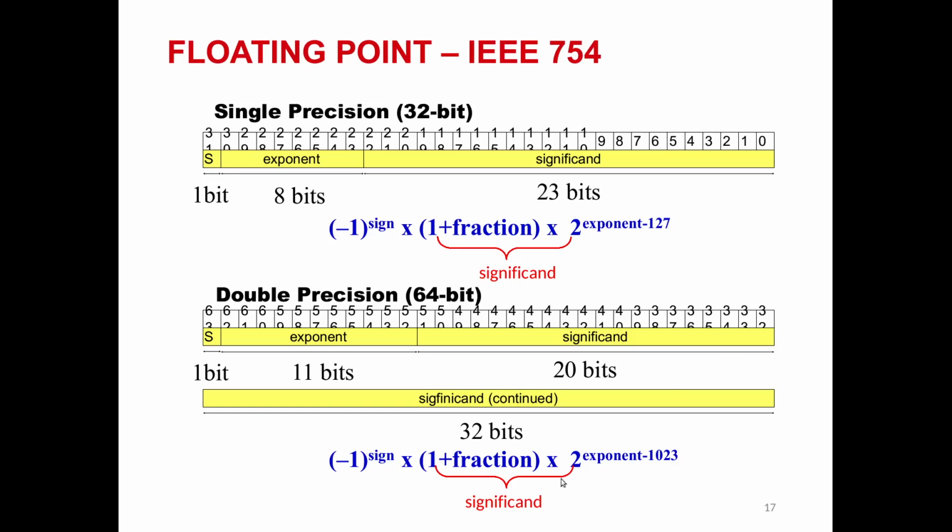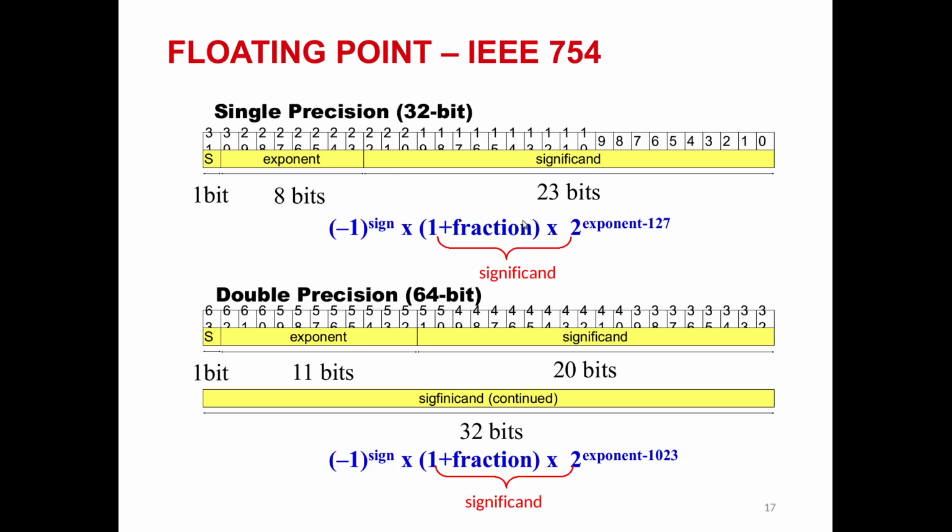As you can see here, the significand has the value of 1 plus a fraction, which implies that the value will always be bigger than 1, and then it is multiplied with 2 to the power of the exponent. So it means that the value of a floating point cannot get to 0. It can get very, very close to 0, but it can't get to 0.